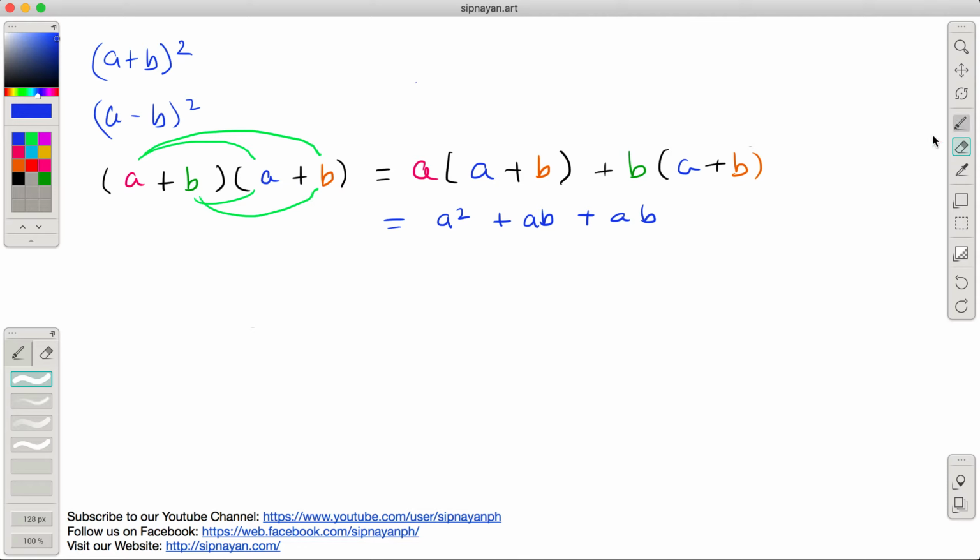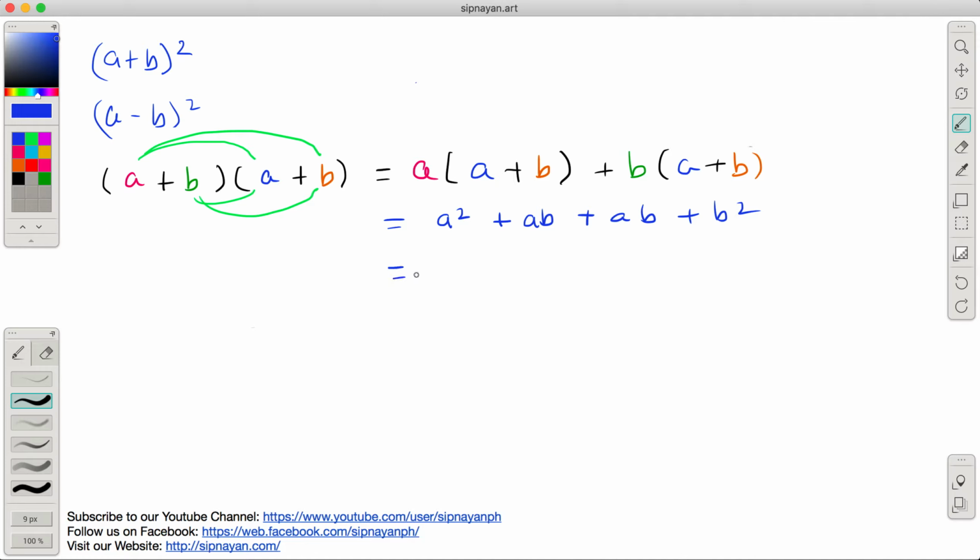Kaso, para maging pareho sila, pwede natin gawing AB. Of course, pwede rin natin gawing BA if you want. And then we have a plus here, and then we multiply b times b, which is equal to b squared.